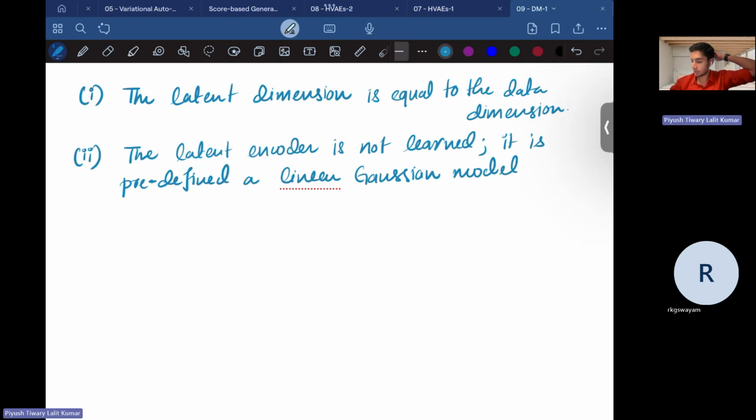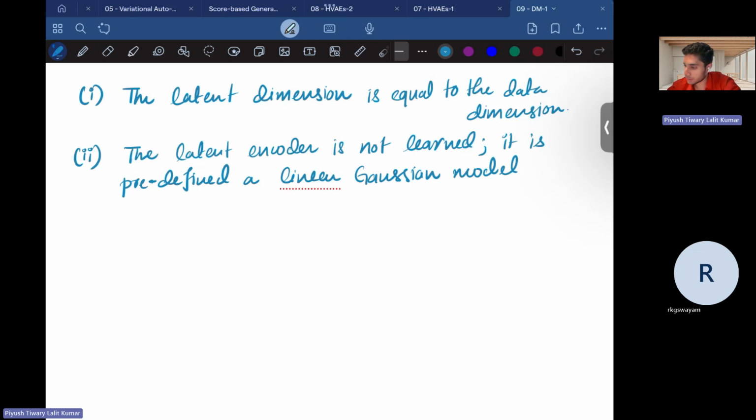Or in other words, you can say that the encoder itself is a stochastic encoder. It is not learned, but it is a stochastic encoder, or you can think about it as follows: at each step, the latent vector is centered around the previous step's latent vector with some scaling and some variance, and that's it.